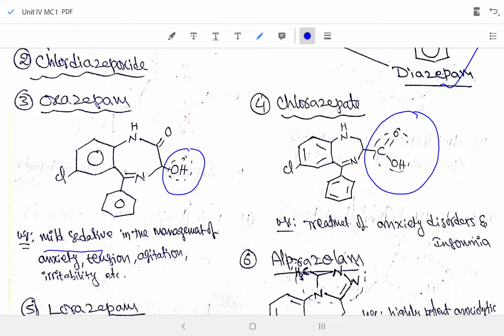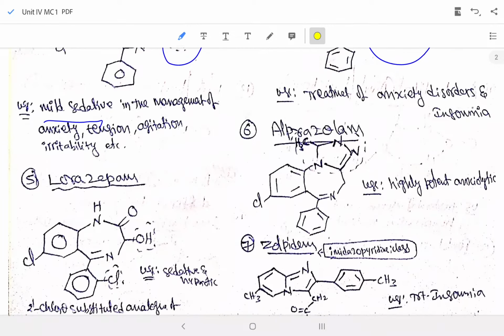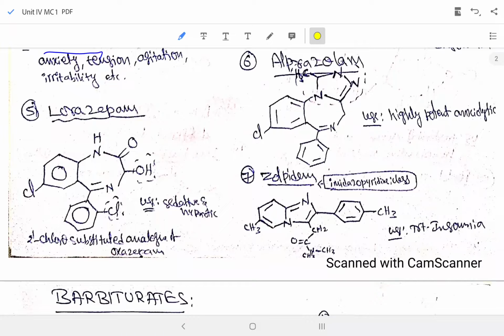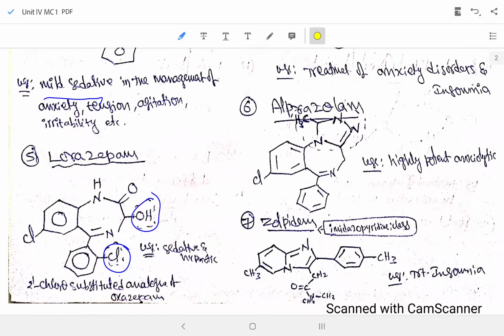Then the next one is lorazepam. Lorazepam has a hydroxyl group as well as chlorine attached at the second position of the phenyl ring. Then alprazolam has a tricyclic ring fused to the diazepam ring through N1.